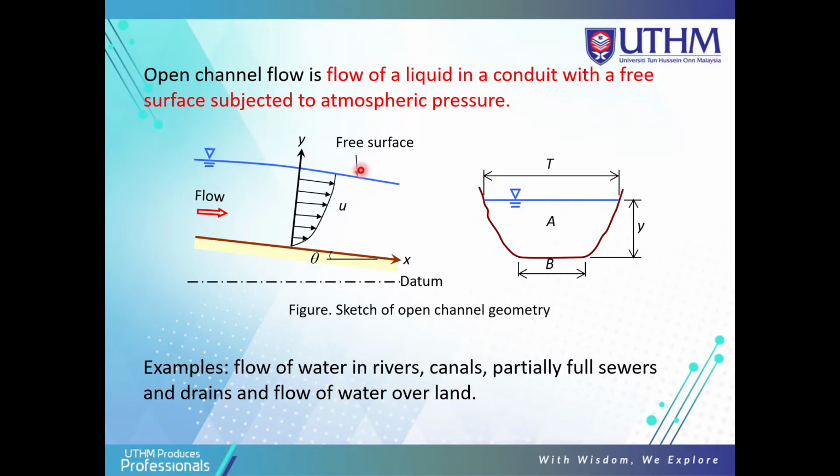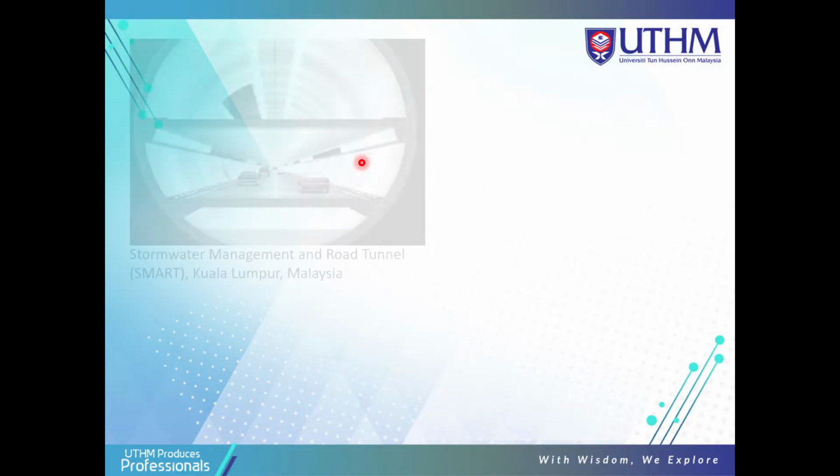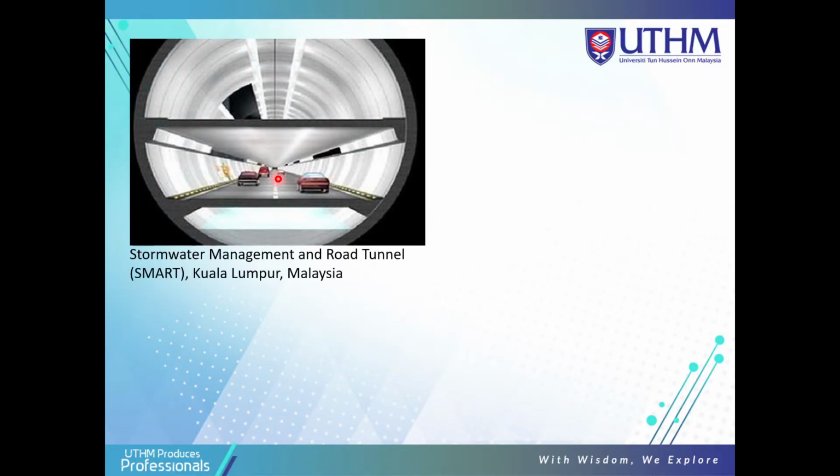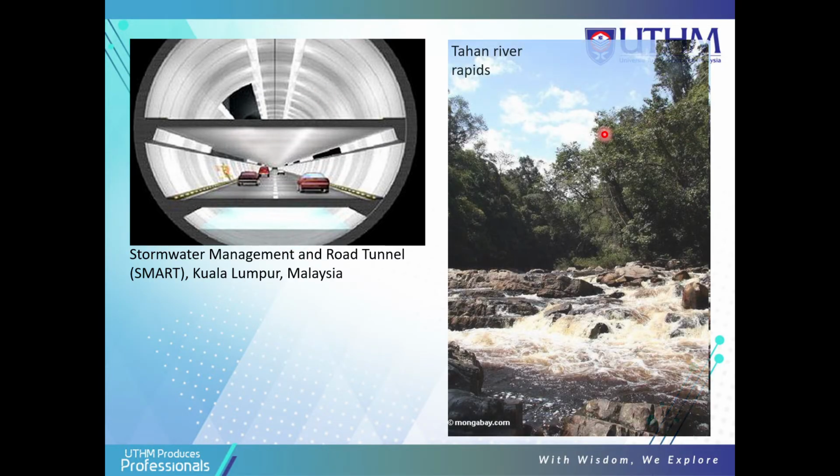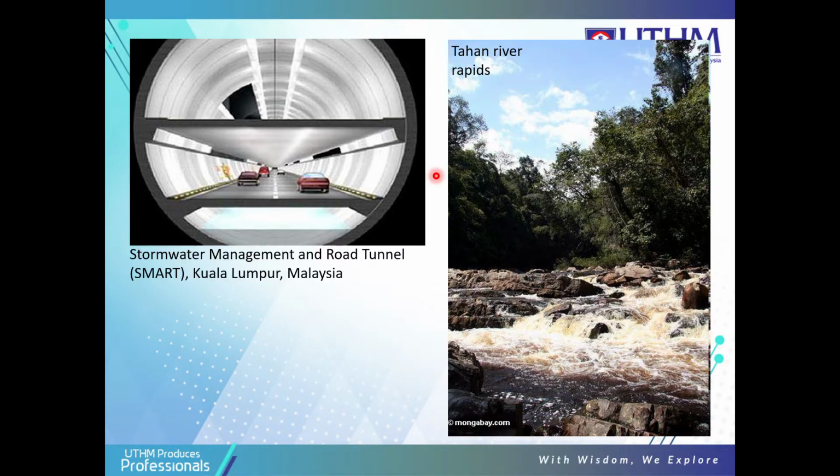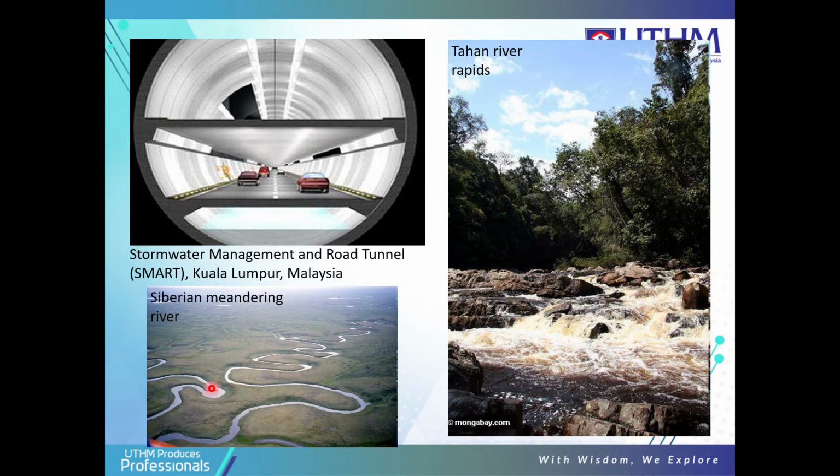An example here is the Stormwater Management and Road Tunnel (SMART) in KL, and also the Taha River Rapid. So this is an example of open channel. This is the river, and a river also, the Siberian meandering river.